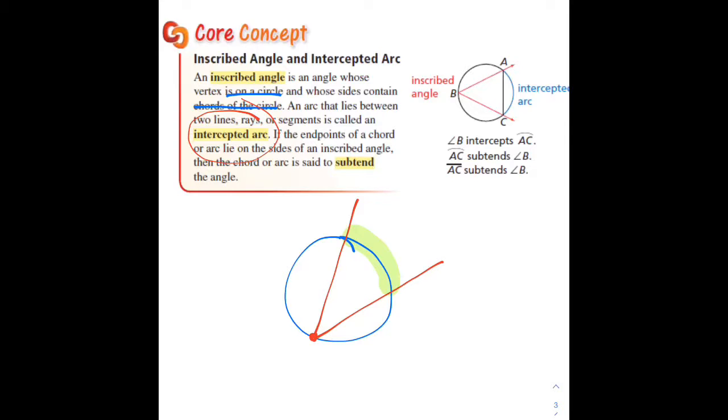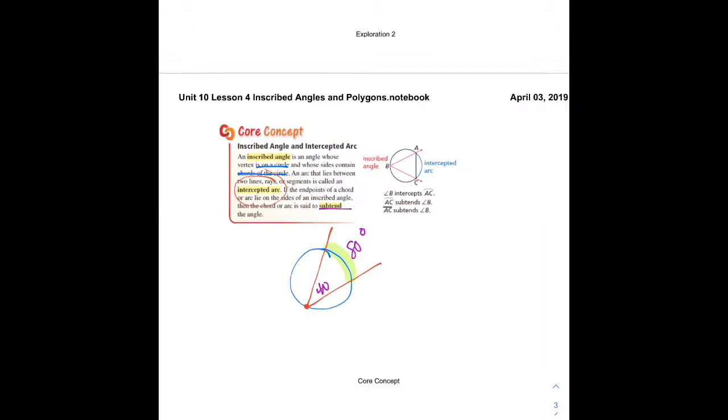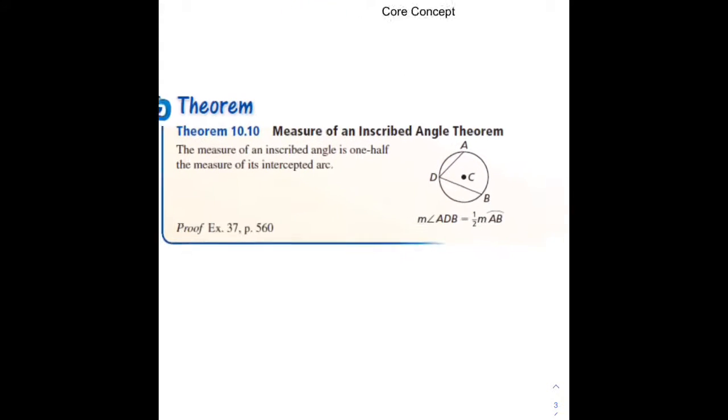And if that arc is 80 degrees, that means the angle is half of that. It's 40. And that's what this measure of an inscribed angles theorem talks about.